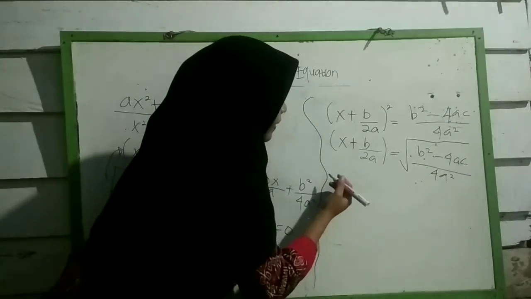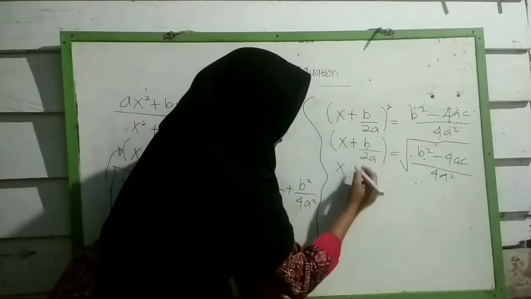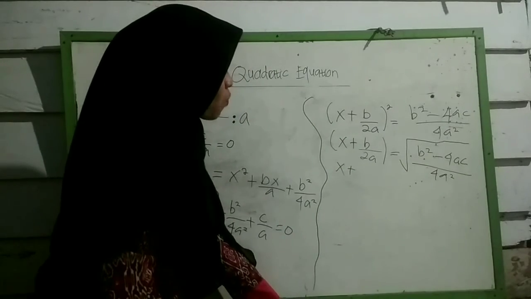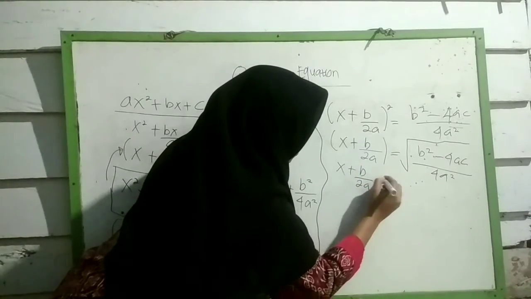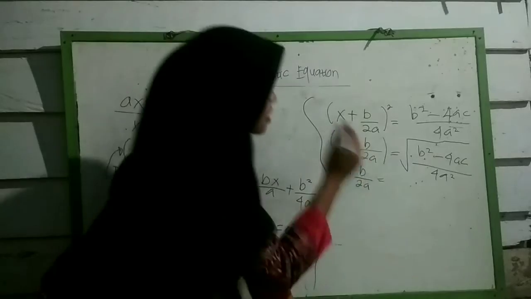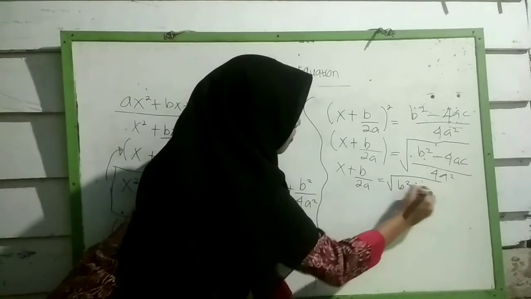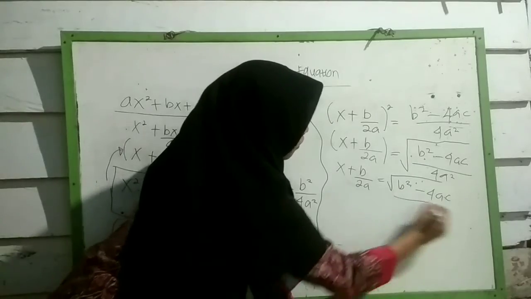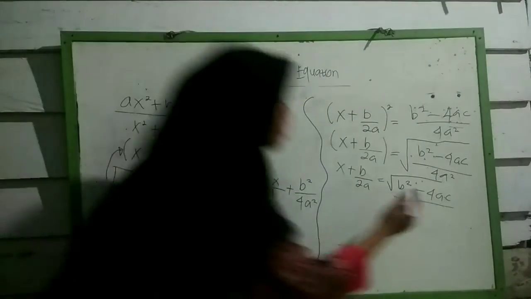And then x plus b over 2a equals plus or minus the root of b squared minus 4ac, over the root of 4a squared, which is 2a.